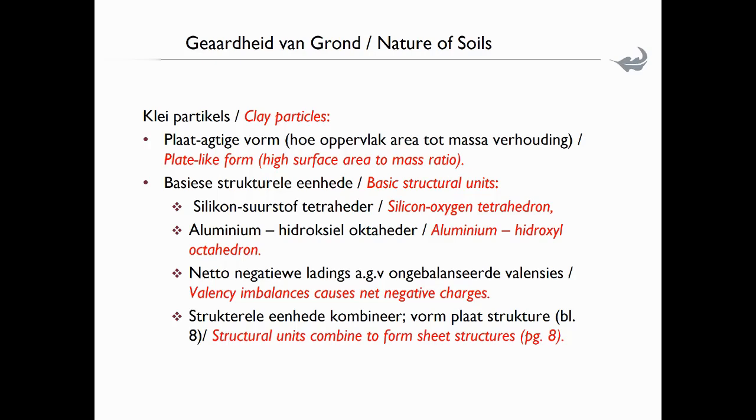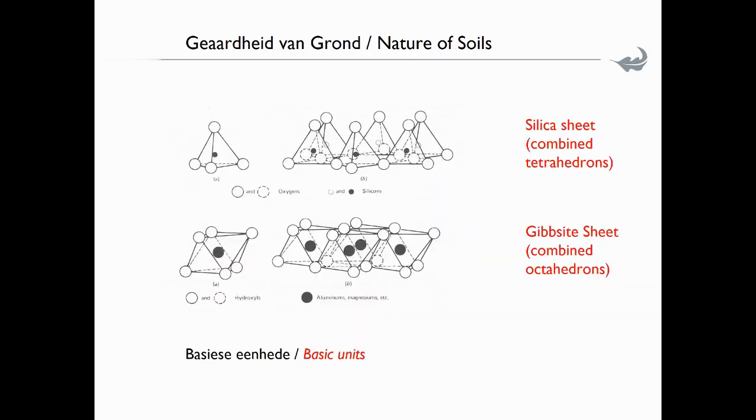And then valency imbalances cause net negative charges on these clay particles. And so these structural units combine to form sheet-like structures. So this is a silica sheet at the top, which is basically a combined set of tetrahedrons, and a gibbsite sheet is a combined set of octahedrons. Those are the basic clay particle units.